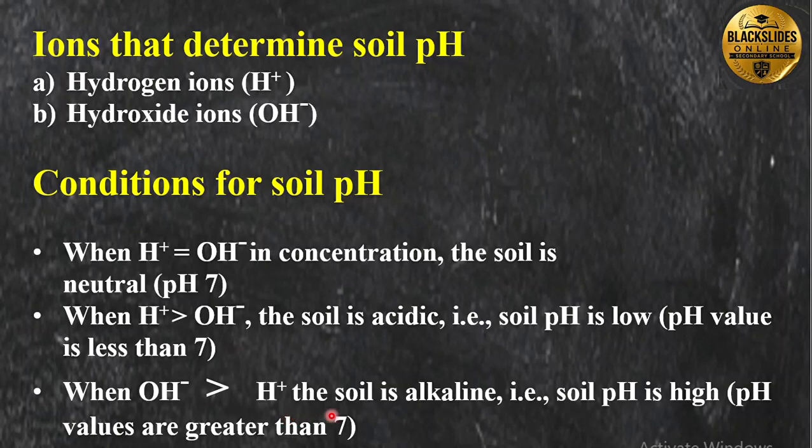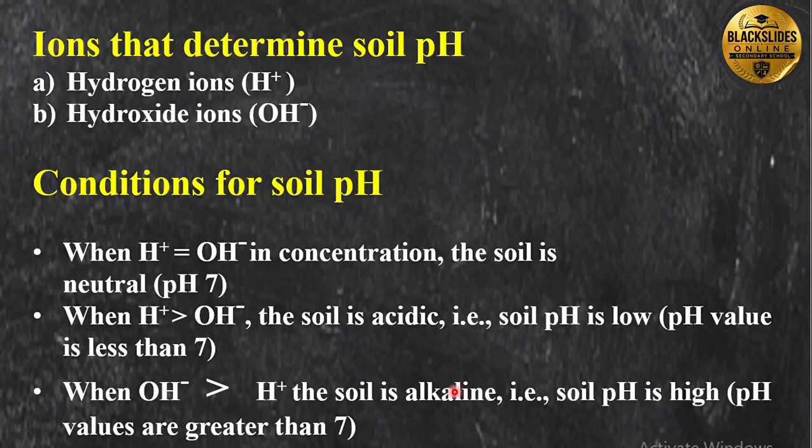Remember that the bigger the pH of a solution, the more alkaline that solution is. So a soil sample that has a pH greater than 7 is highly alkaline, or basic.